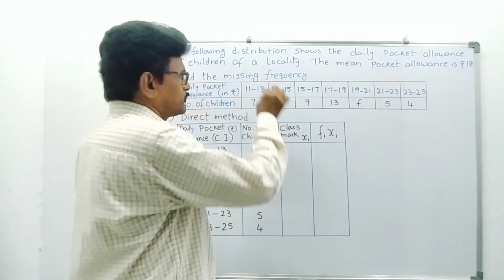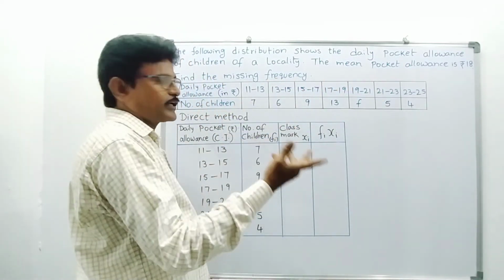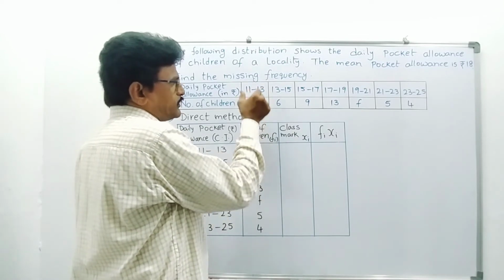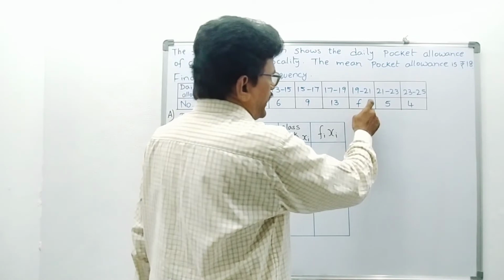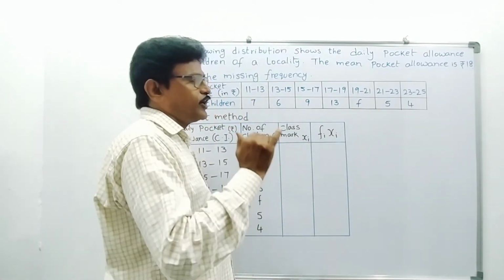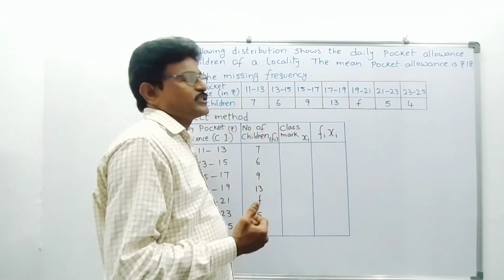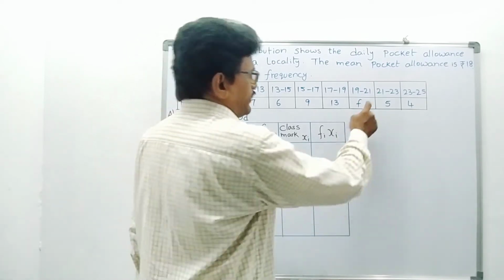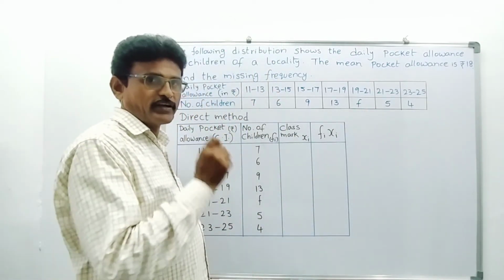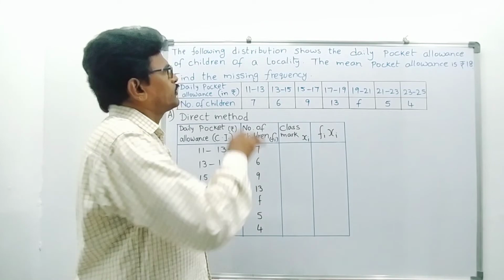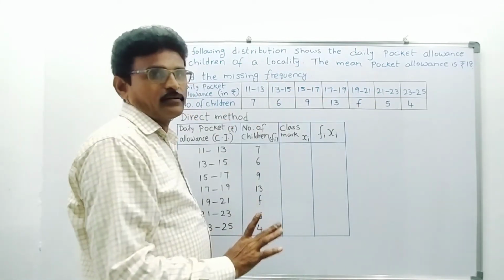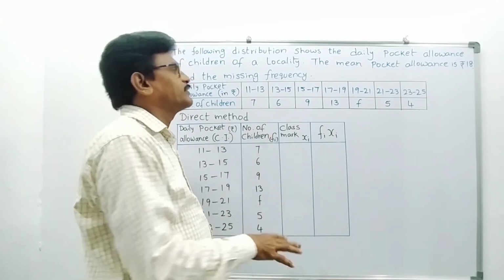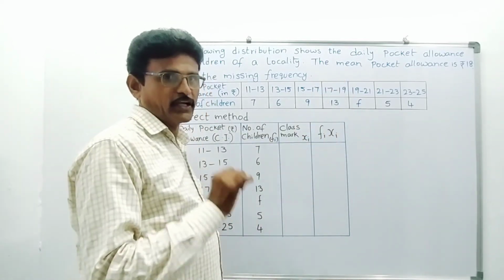Number of children is the frequency. In this range 7 students, in this range 6 students, like that. Here he has given f for 19 to 21. How many students are there? f. What is f? We have to find that frequency. He has given the mean already, so using that mean we apply the formula and finally find the f value.